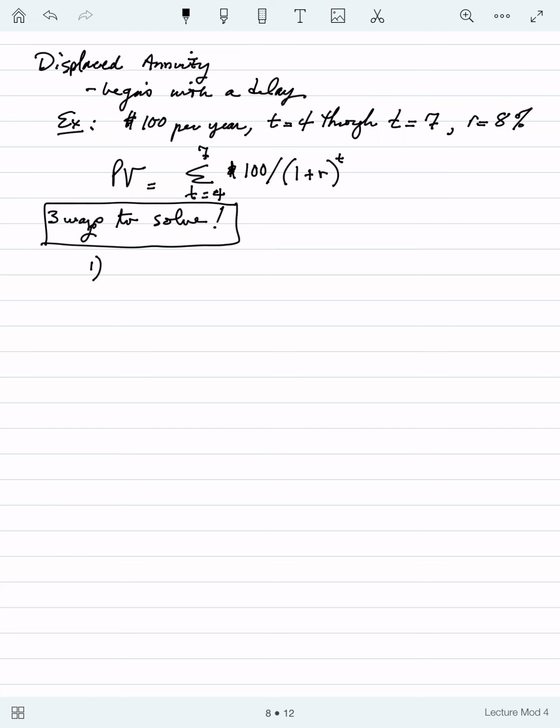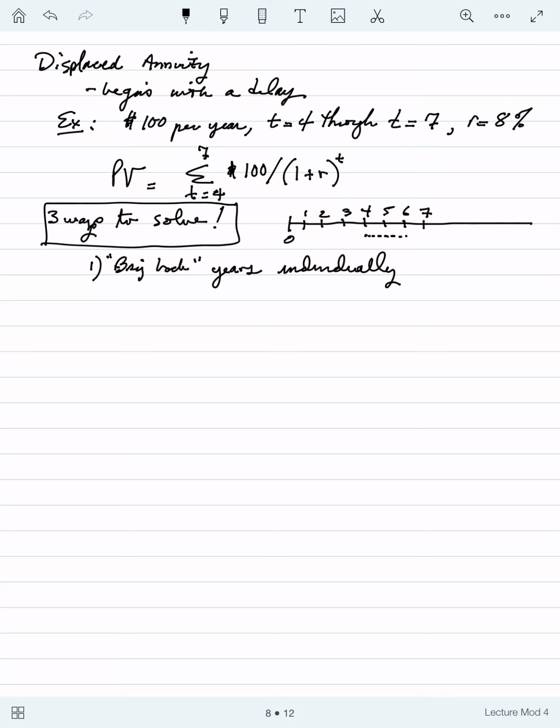Way number 1, you could bring back each of the years individually. See, so we're dealing with the span of time that sits between, right, for year 4 through 7.